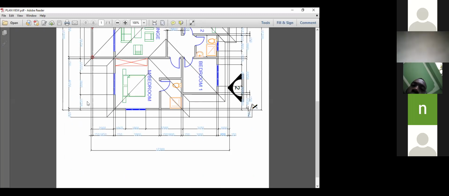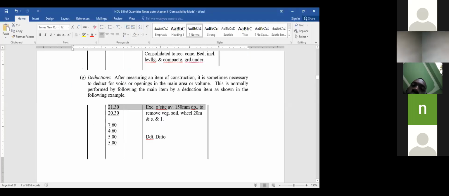So they come here and deduct them. The first one is 7.6 by 4.6, the other one is 5 by 5. And we use deduct, which we underline, ditto. Ditto simply means as described above.